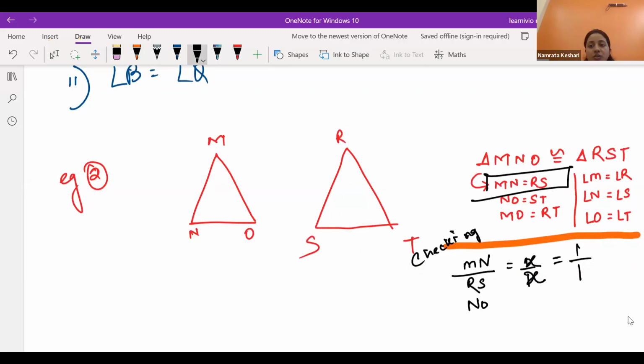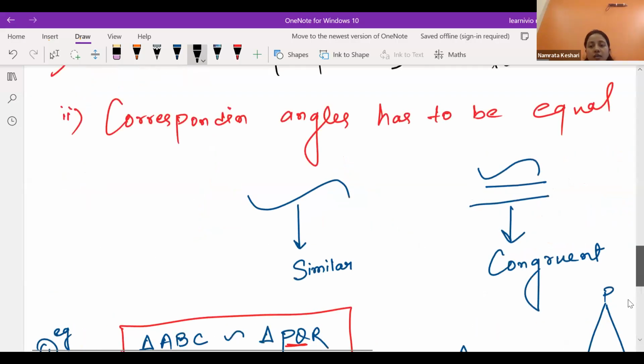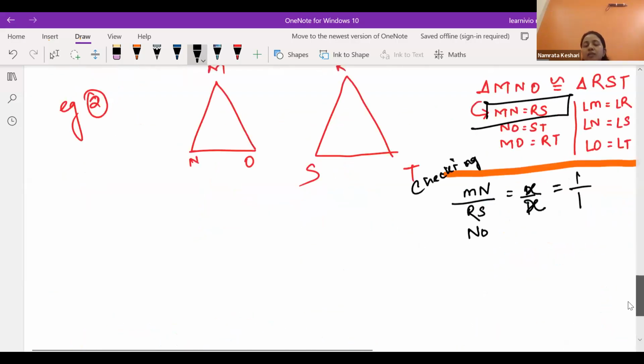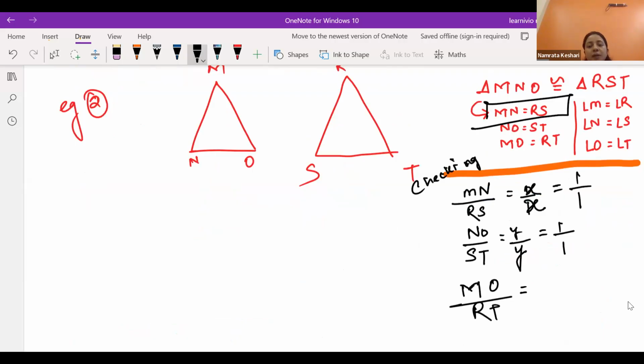Similarly, suppose I have not told you anything about similarity and I tell you let's check it. So NO by ST we are checking. Suppose this is y, this is also y. That means 1:1. MO by RT is z by z, that means 1:1.